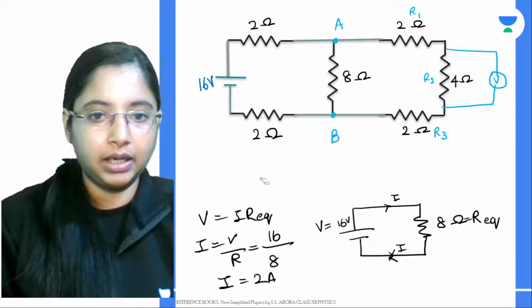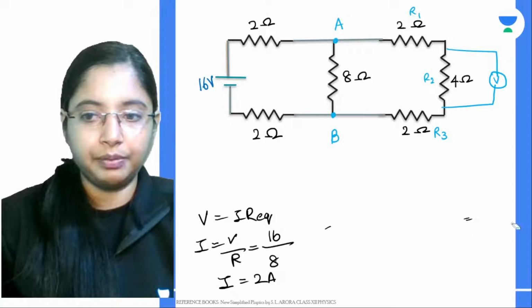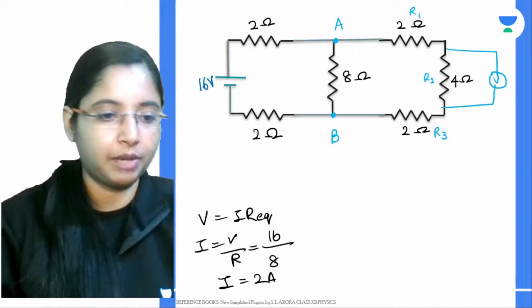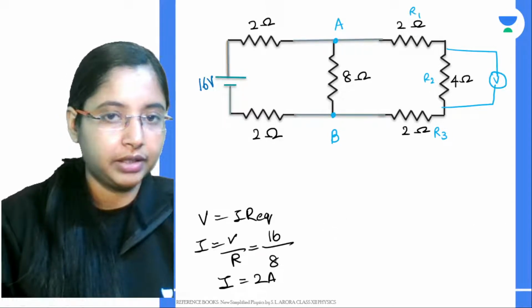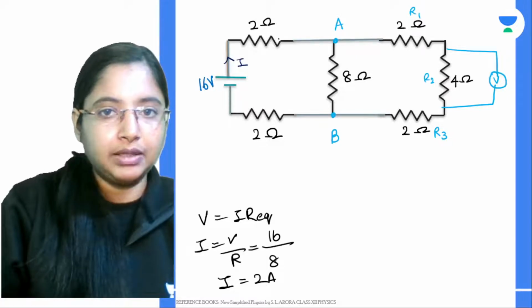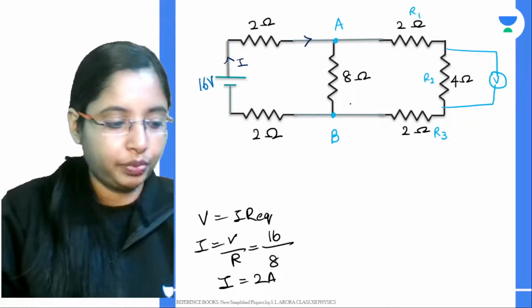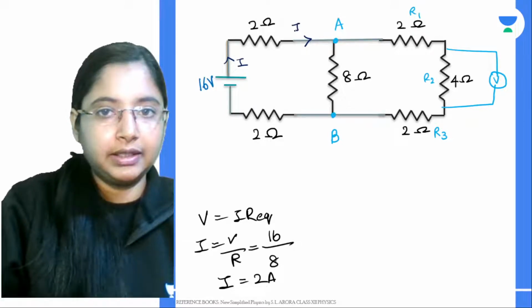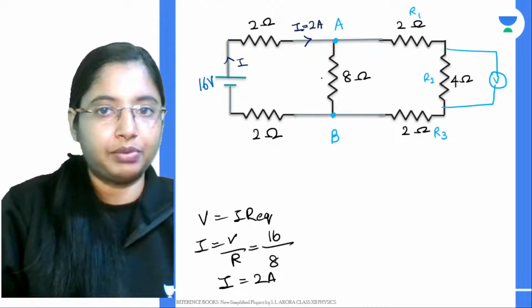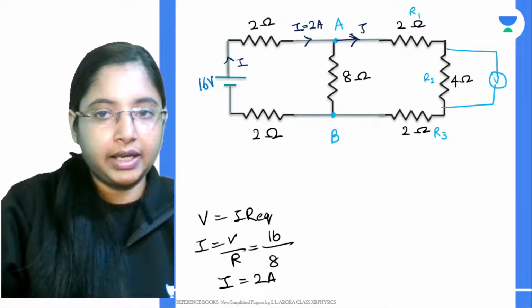Now let's find what happens to the current in this case. The current I starts here, and as it flows to this point A, it gets separated into two branches. The current flowing into this point is 2 amps. Now here current I1 flows and here current I2 flows.